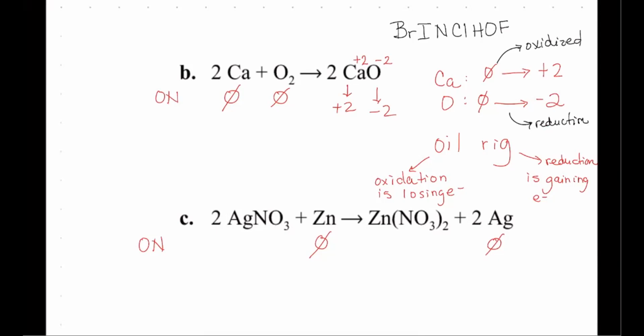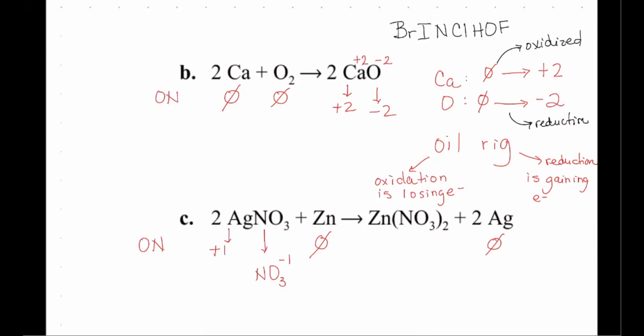In letter C, our first compound is an ionic compound. So I know that the oxidation number for silver is going to be +1. Now, NO3 has an overall charge of -1. So we have to do a little bit more work to find out what happened to nitrogen and what happened to oxygen in this system.